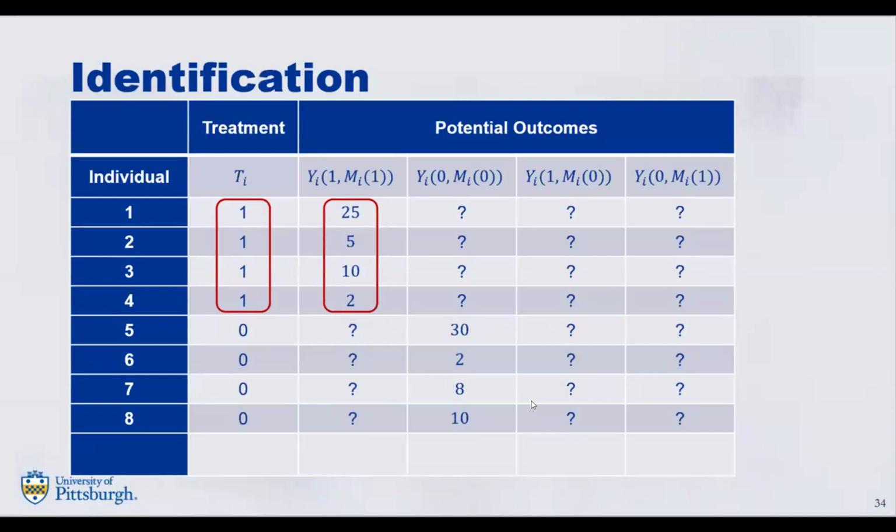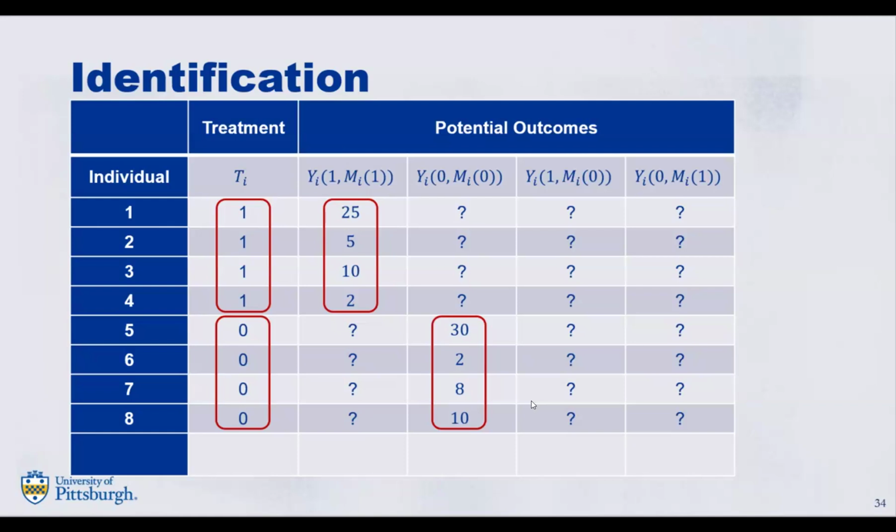The other three potential outcomes, Y0M0, Y1M0, and Y0M1, are not observed for these individuals who were assigned to the LFA group. And the last four individuals were assigned to the control group. So for them, the only observables are which potential outcomes? Yes, Y0M0. And the other three potential outcomes are not observed.